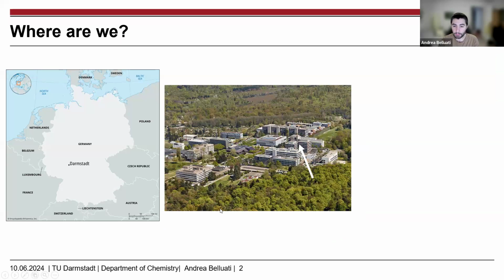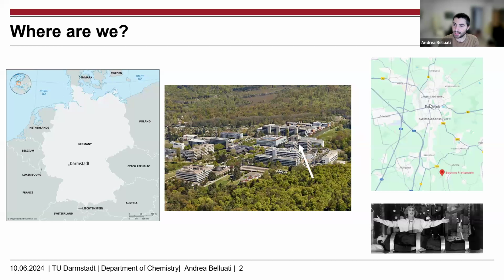This is our campus, very much buried in the woods. You can see the area where my labs and offices are. And what is interesting is that right next to Darmstadt, there is this castle of Frankenstein that I always found fitting in our quest for making hybrid or artificial cells, or giving life to what isn't alive.